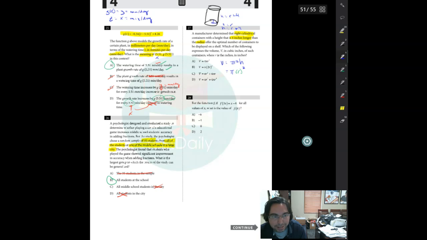And we're multiplying by the height here, which is r plus 4. So as we continue to solve, this is going to be pi r squared, and then that's going to be multiplied by r plus 4.